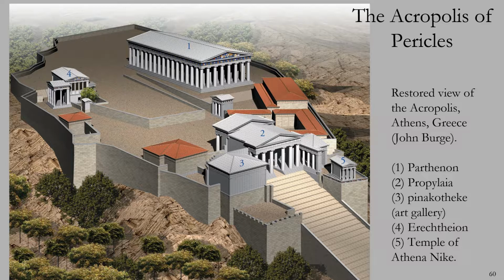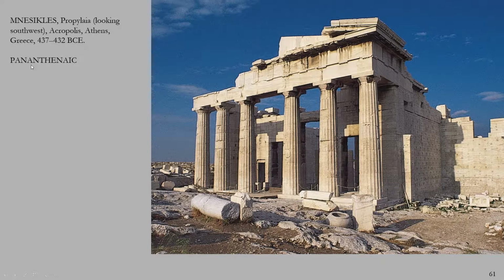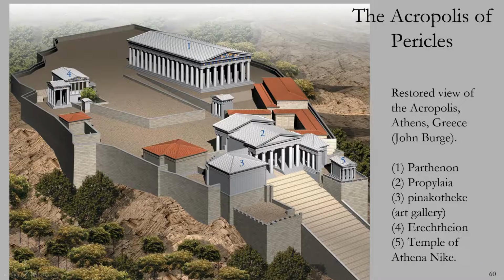But this formed the center of a large festival called the Pan-Athenaic Festival, which was a festival dedicated to Athena. There was a long parade, a ceremonial gathering that happened in the marketplace of Athens.